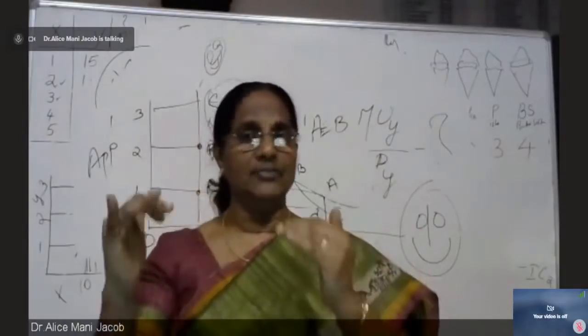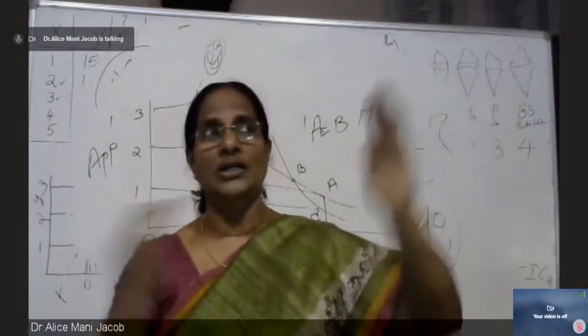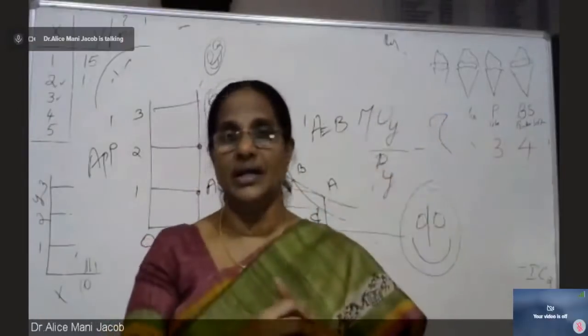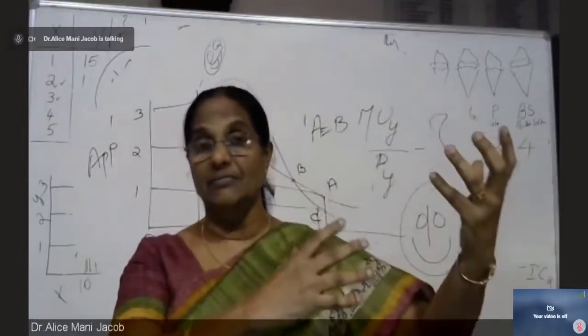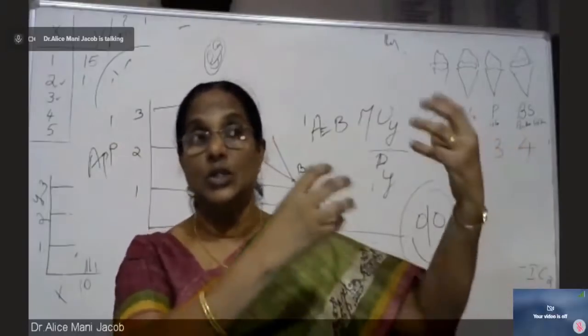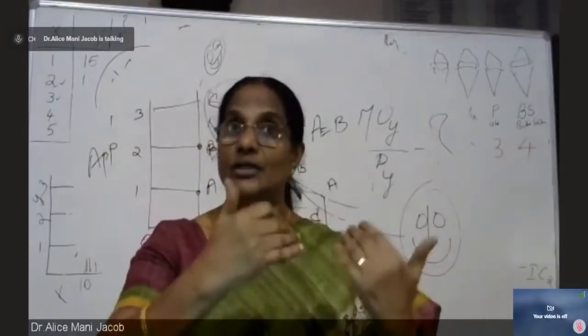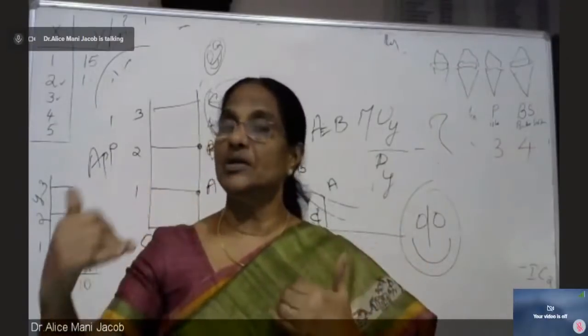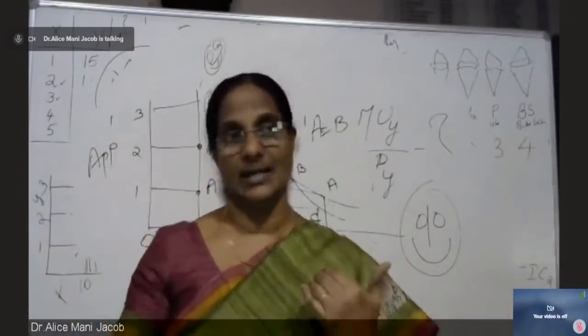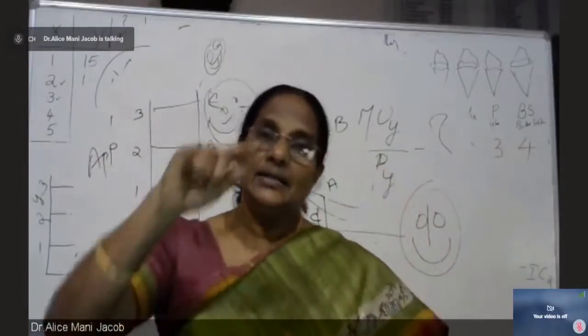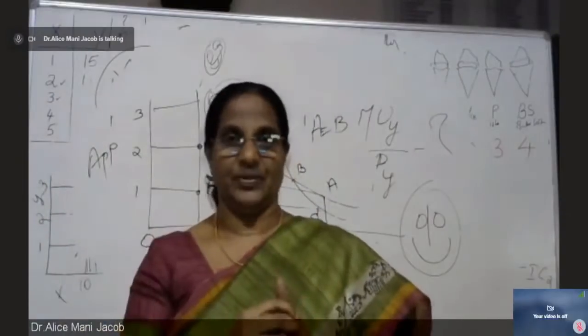Similarly, weather forecast is based on some scientific physical evidence, that is, there is low pressure here or there is depression here, and so it is possible that there will be rain and flood and things like that. So it is based on some scientific reasoning that they make the forecast.